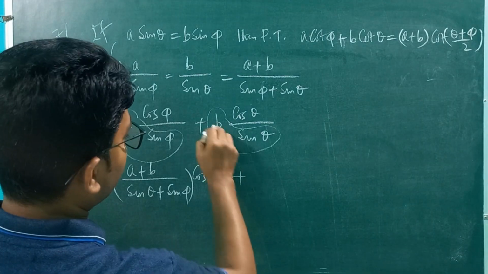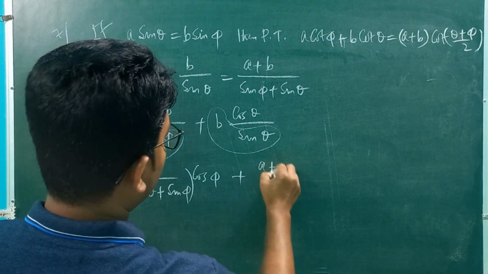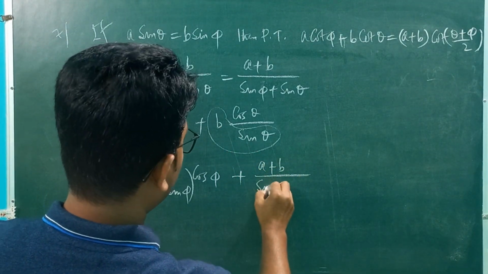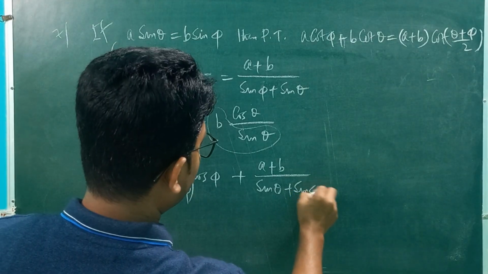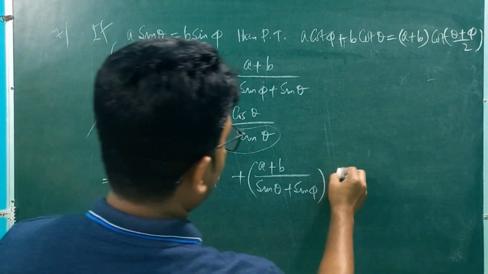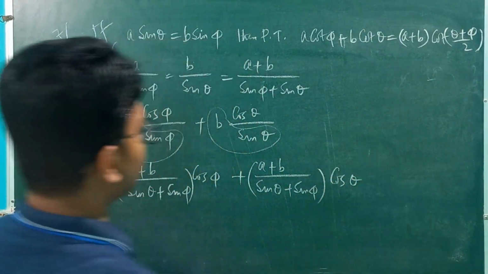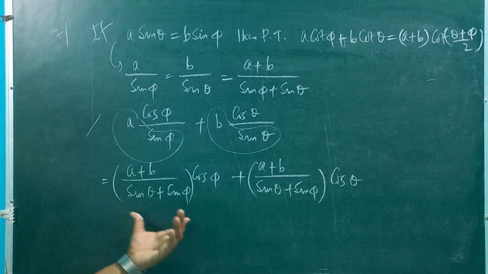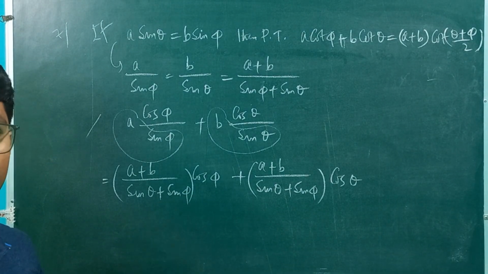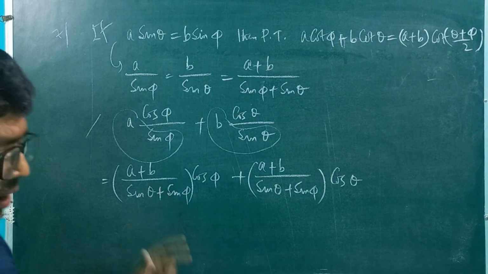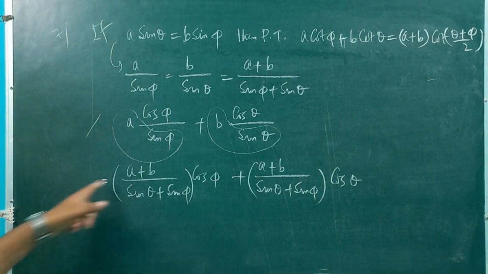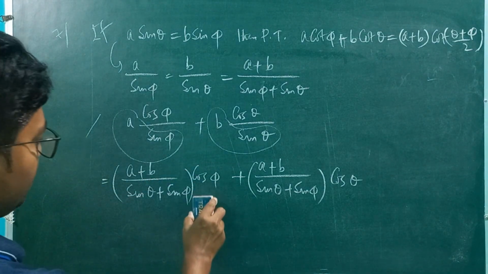Here also you can write b by sin theta into cos theta, which means a plus b by sin theta plus sin phi into cos theta. So you can take this term common, and if you take it common from this line, what will you get?